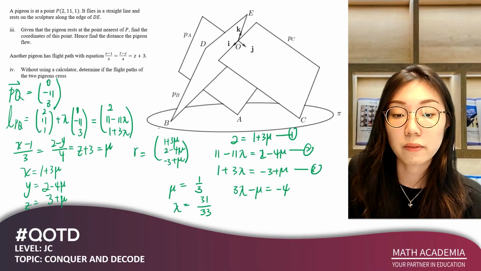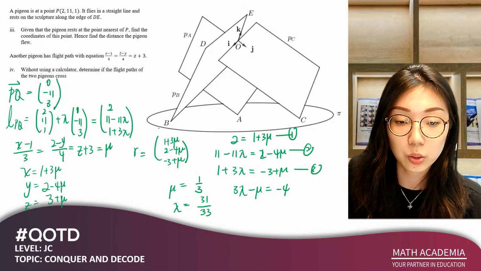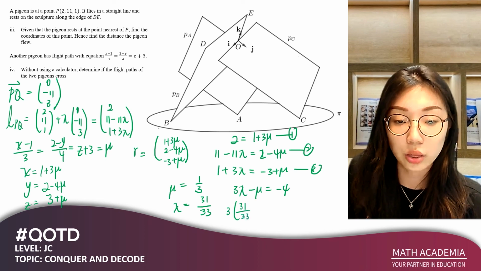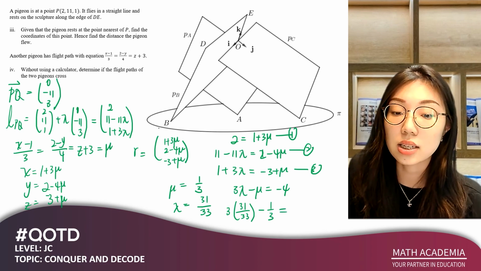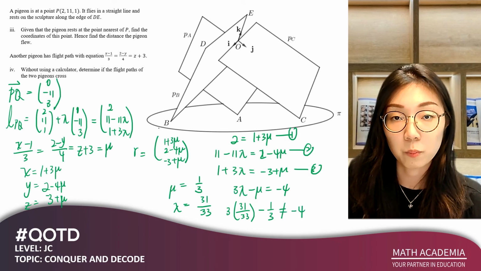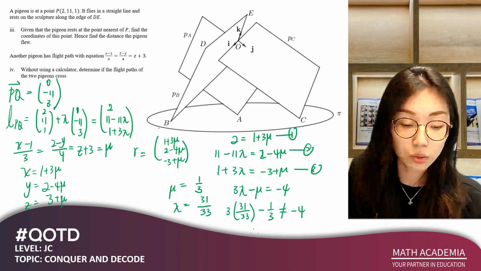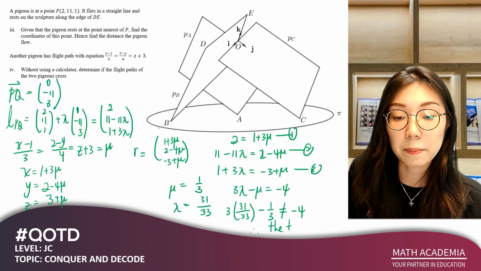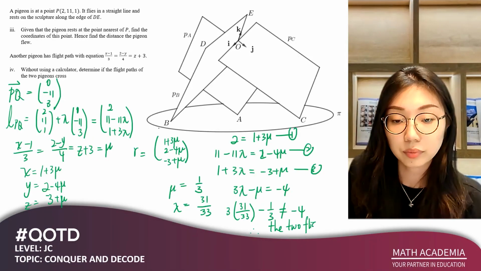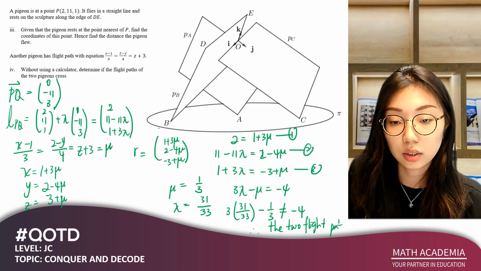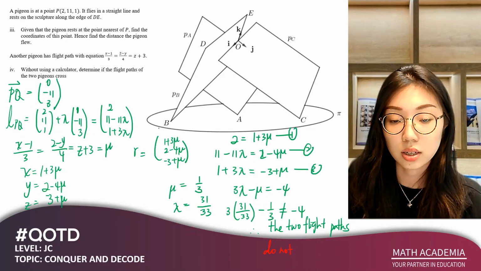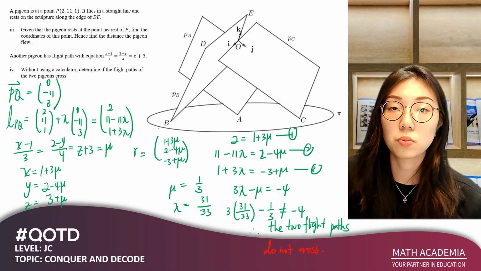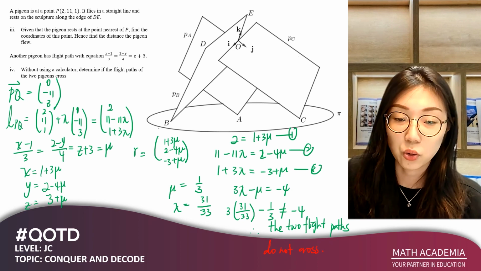Okay, substituting my values of lambda and mu into the equation, I have 3 multiplied by 31 over 33 minus 1 over 3, and I realize that this does not equal negative 4. So therefore, I can conclude that the two flight paths do not cross. Alright, and that will be my answer for part 4.